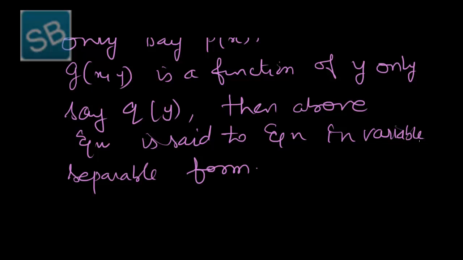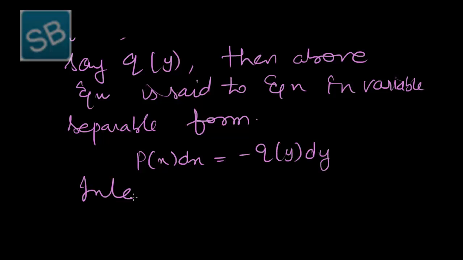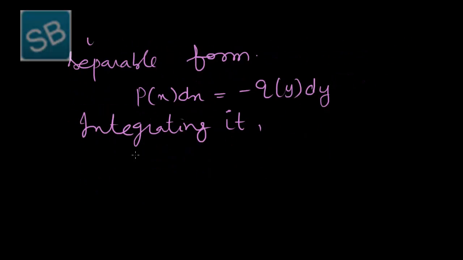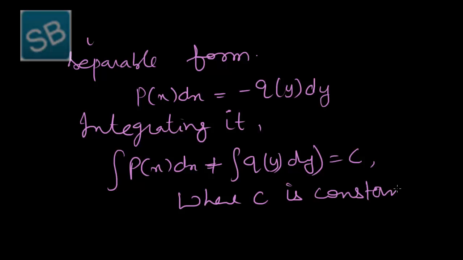and its solution can be found out by taking p of x dx on the left hand side and minus q of y dy on the right hand side, then integrating it. That is, on integration we get integral of p of x dx plus integral of q of y dy is equal to c, where c is a constant of integration, that is, an arbitrary constant.